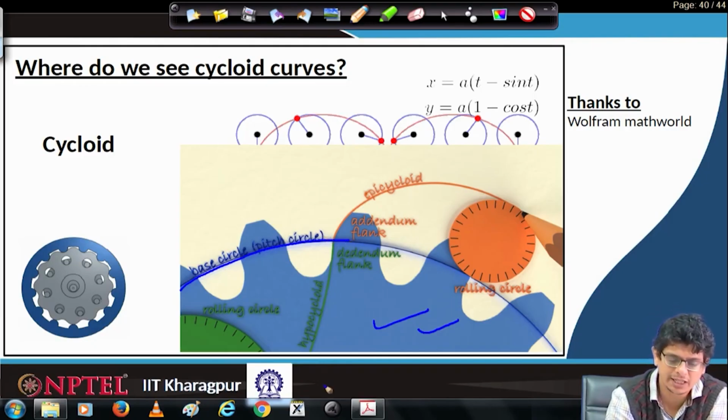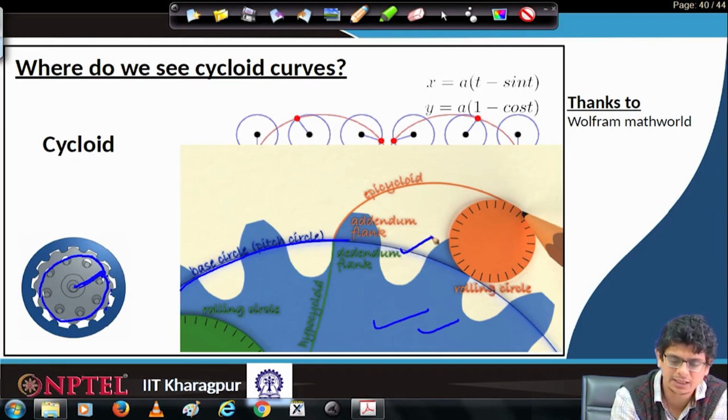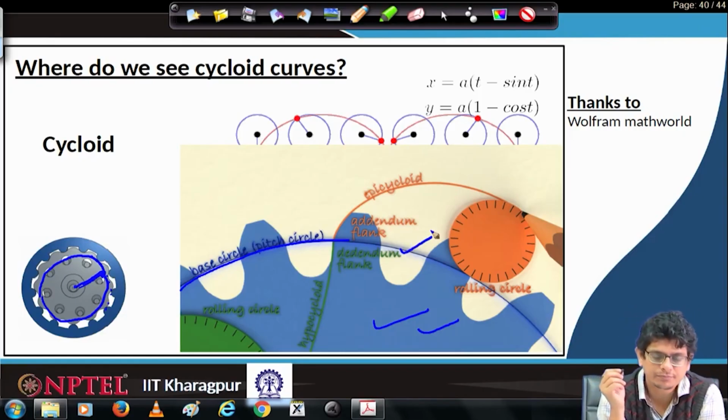So, based on a certain radius, for example, if this is the gear we are looking at on the right hand side, and this is the center, from here to somewhere at the mean level of this gear, whatever radius we use to construct a circle, that circle we call the base circle. So, this is that base circle.